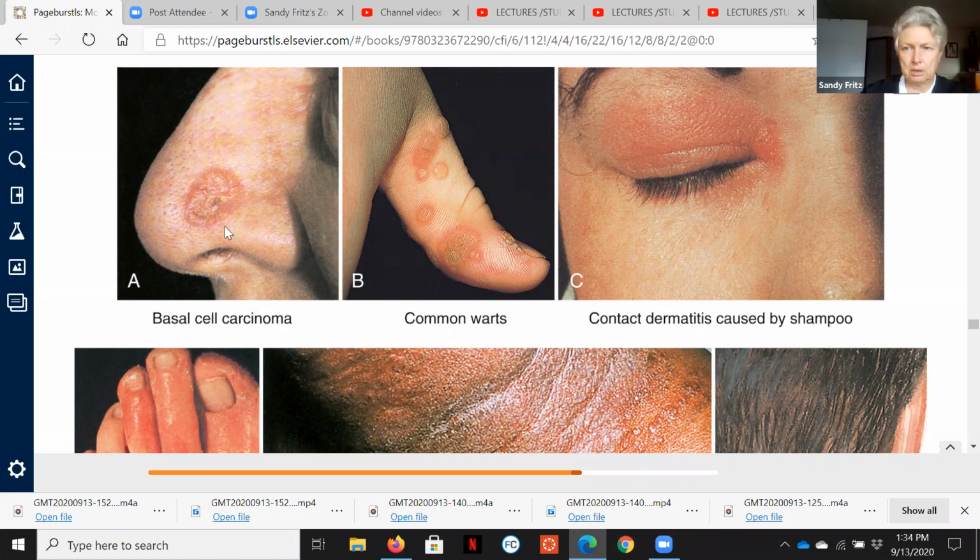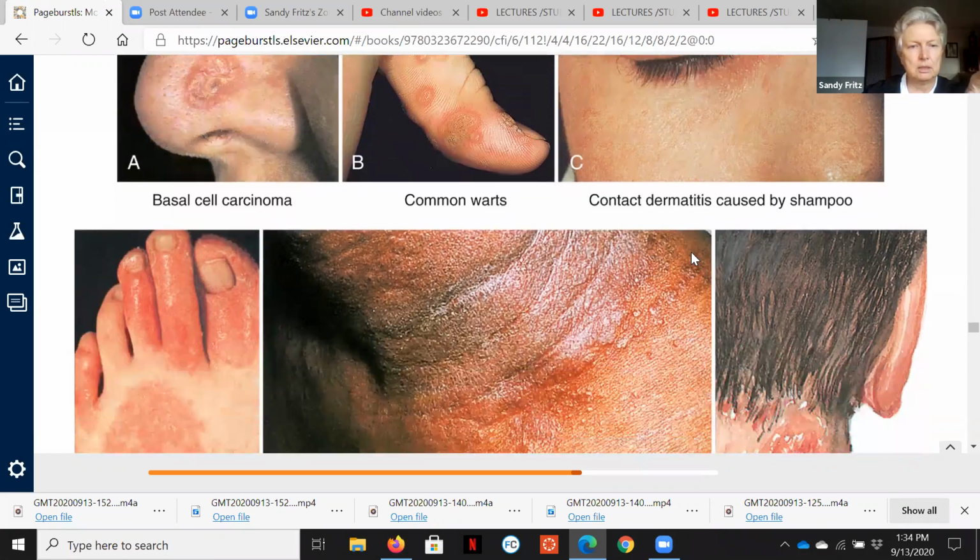And so that's explained here further on. Warts are viral, therefore contagious. Contact dermatitis usually is a hypersensitivity to some sort of a product that has some sort of an irritant in it to the skin.